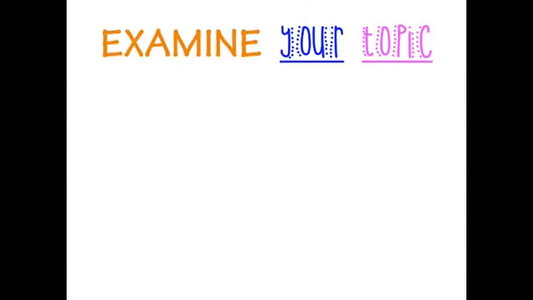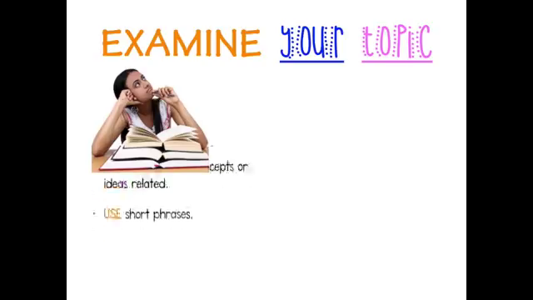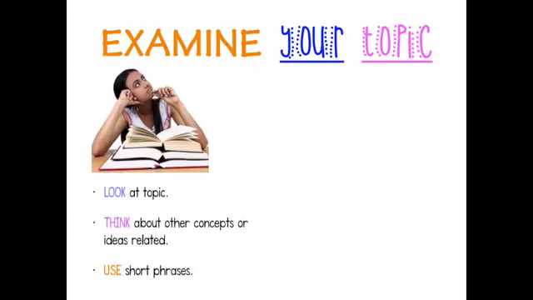The second step is to examine your topic, to know what you're talking about, to know what you're going to be researching. So you would like to look at a topic, think about other concepts or terms or ideas that are related, so you could use short phrases.